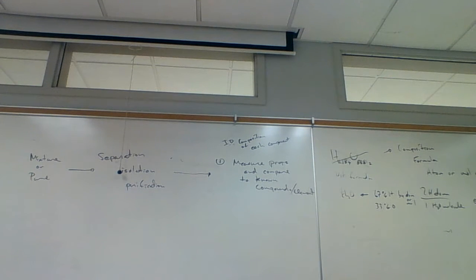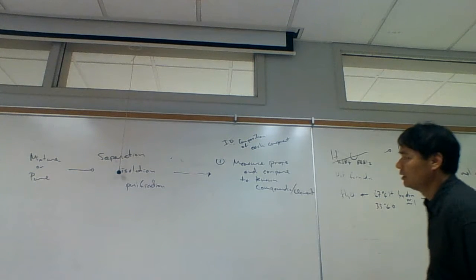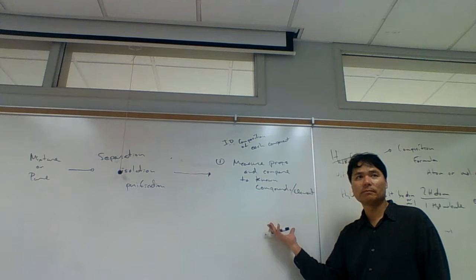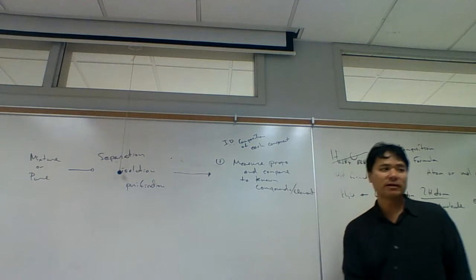Could there be something else that boils at 100? There could be. So what you want to do is make absolutely sure by measuring additional properties. Measure as many properties as you can and then compare it. And then when we have a match, so for example, did it boil at 100? Did it freeze at 0? Is it fairly unreactive?